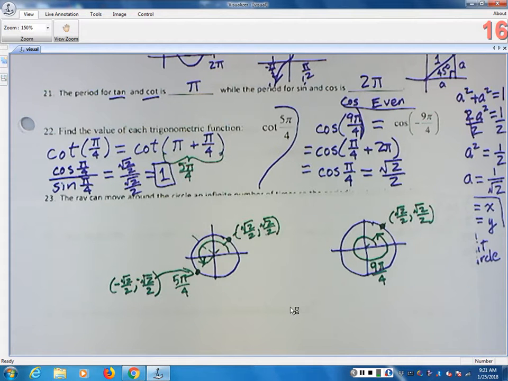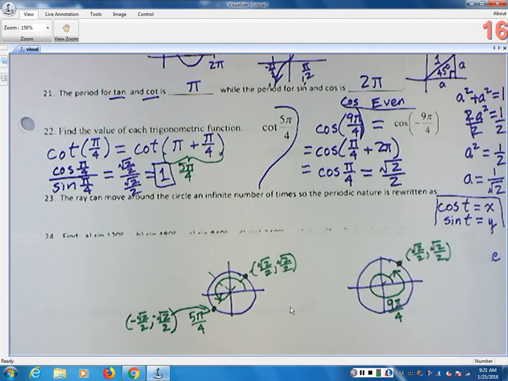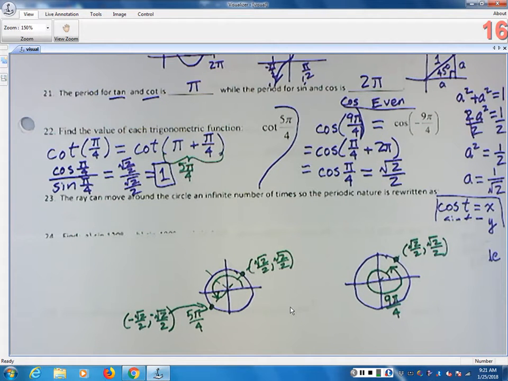Okay. All right. So let me hand out this unit circle. I did make copies. This is the one for you to fill in.